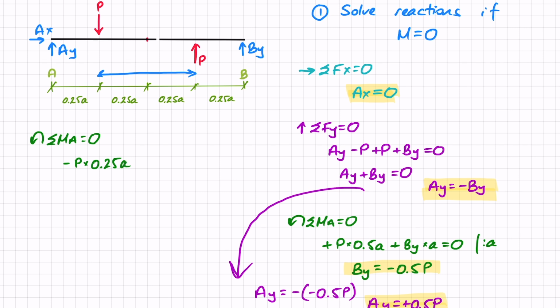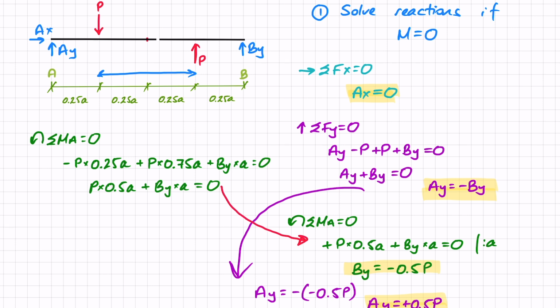The second P gives me a positive moment of P times 0.75a, and that reaction still gives me a positive moment of BY times a equals 0. If I add up the first two members of this equation, I get P times 0.5a plus BY times a equals 0. With just a couple more steps, I have reached exactly the same equation that I reached here.